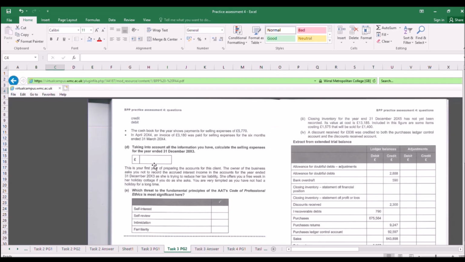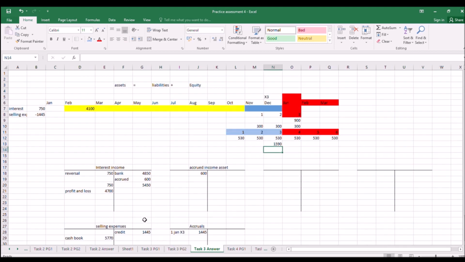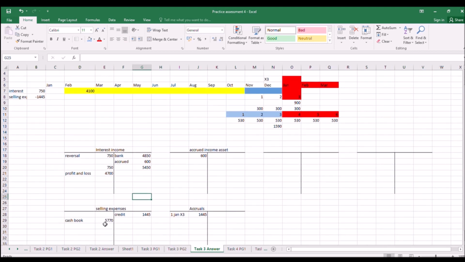Right, let's see where we're going next. Taking into account all the information, calculate the selling expenses for the year 31st December 2003. So we've got our selling expenses here, which is what comes from the cash book. We've reversed out our journal there. We're then going to credit 5190 over here, and debit 1590, sorry, over here.